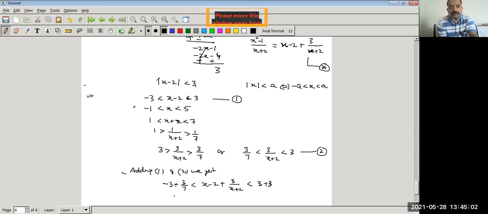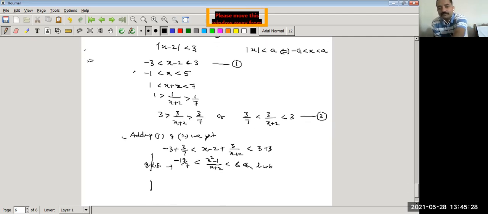So this is nothing but - 18/7, and this is from star, it is (x² - 1)/(x + 2) which is less than 6. So 6 is the least upper bound, this is LUB, and - 18/7 is the greatest lower bound.